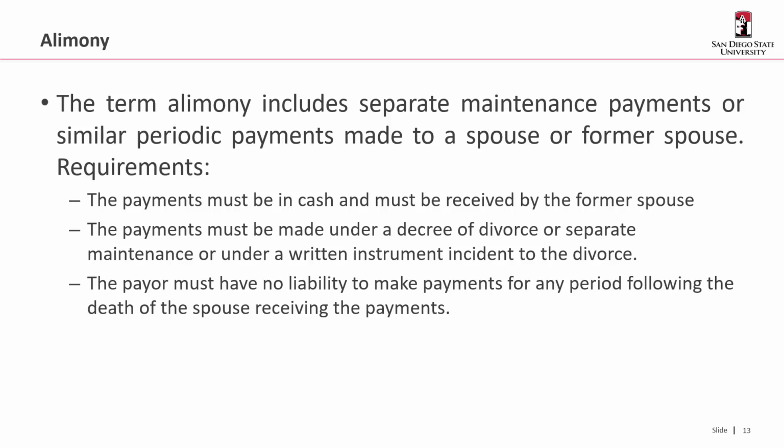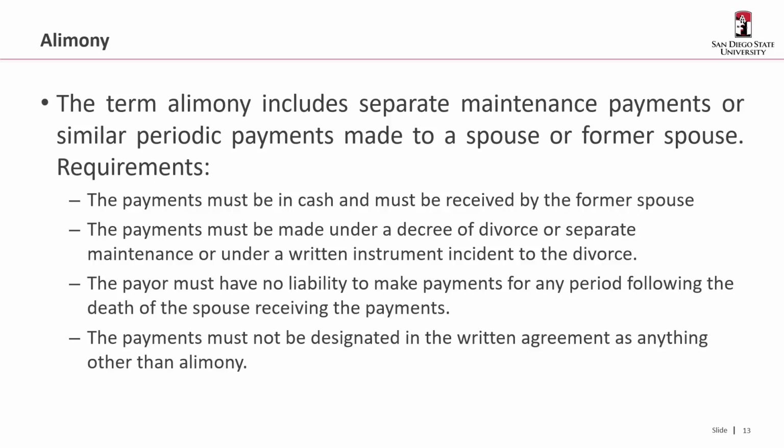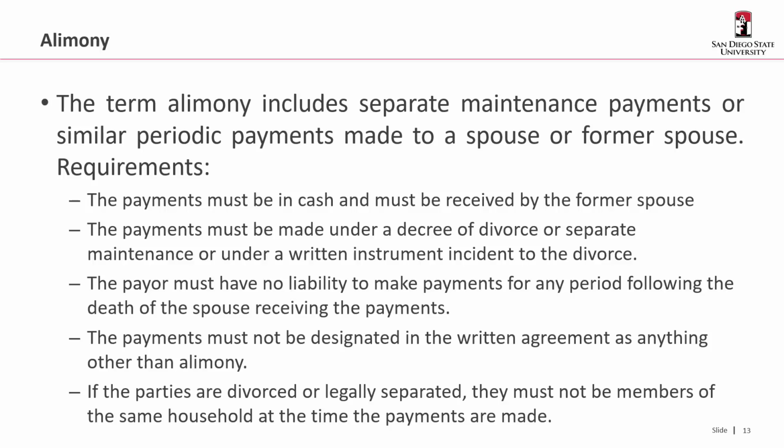If you're paying a spouse and that money is for child support, that's not treated as alimony. And the payments must not be designated in this written agreement, this decree or separation agreement, as anything other than alimony. And lastly, if the parties are divorced or legally separated, they must not be members of the same household when these payments are made.